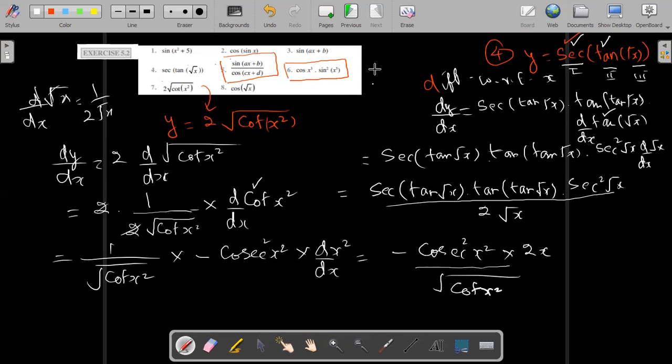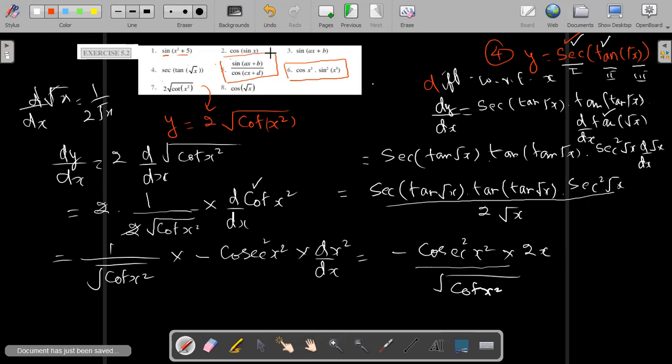Got it? It is very easy to understand, but don't do the fifth and sixth questions. If you know how to do the product and quotient formulas, then you can go ahead. Otherwise leave the first, fifth and second, because first we have to use the product formula and quotient formula. So leave the fifth and sixth. You can try all the other questions. If you write this question, you will write sine first, then x square.